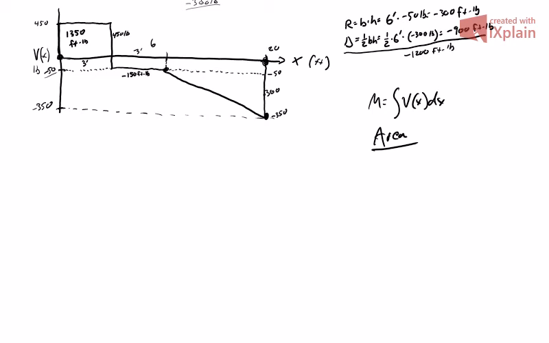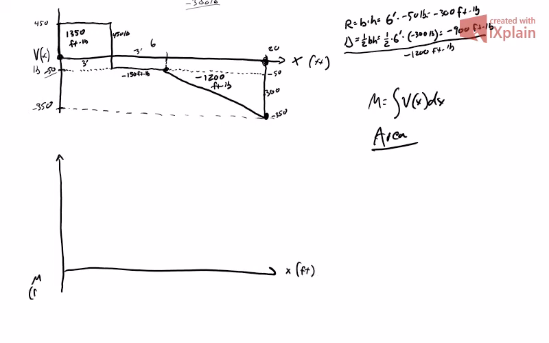All right, so now that we have all of those ready to go, let's label it negative 1200 foot-pounds. We can start drawing our moment diagram. So we have x, which is again in feet. We have our moment, which is in foot-pounds.